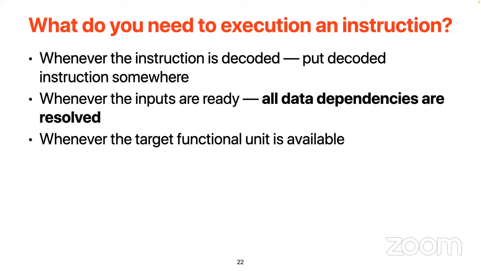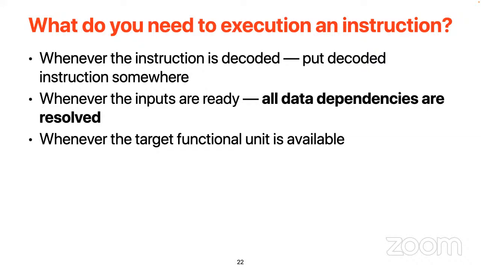So here's our thought, right? What do you actually need to execute an instruction? Whenever I know what the instruction wants me to do, whenever everything is ready, all the dependencies are solved, and I have a target functional unit available, why not have me execute it, right?